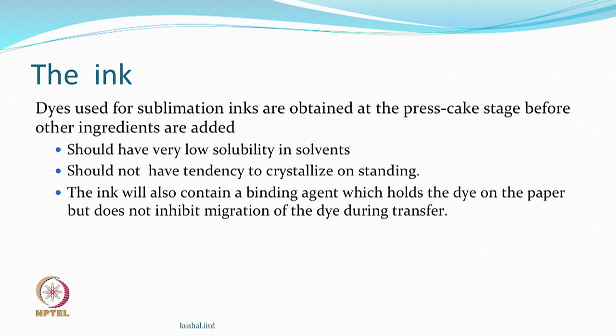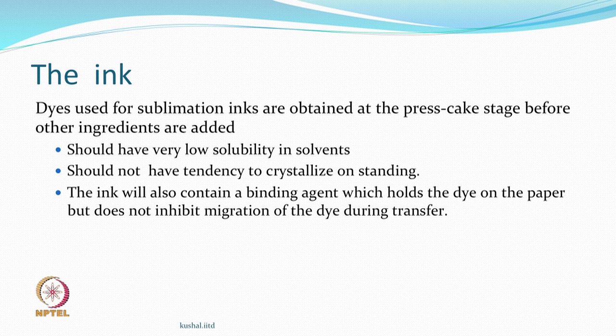You can never say that the migration will not be inhibited, but you can give a little more time. So, the film should also be such that it does not like the dye so much. Affinity should not be very high, and the quantity of this binder should also not be so high, because if you have more quantity, then obviously some hindrance can occur.